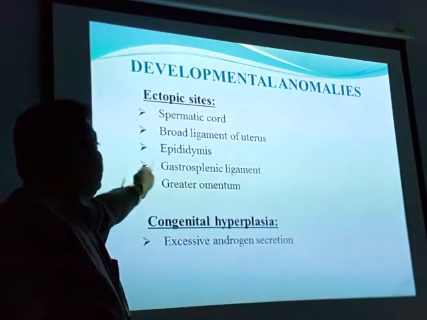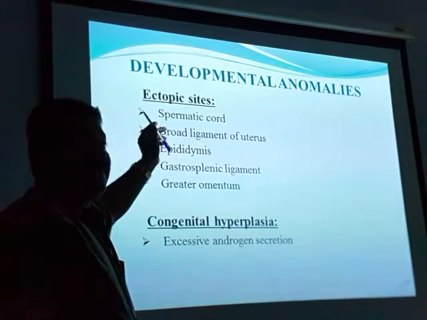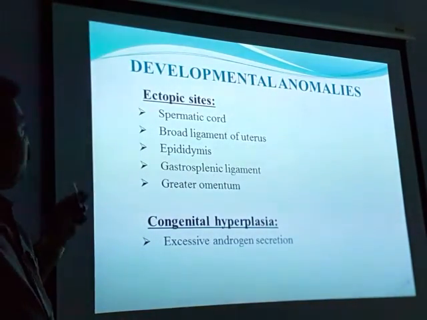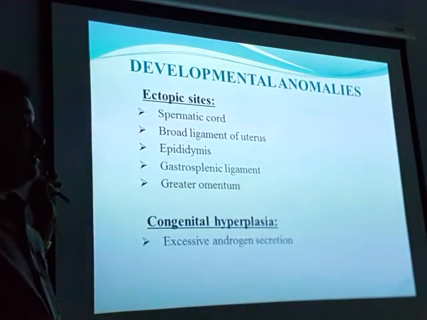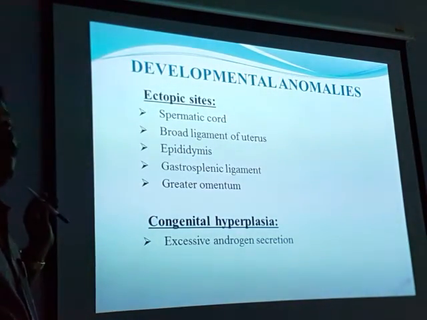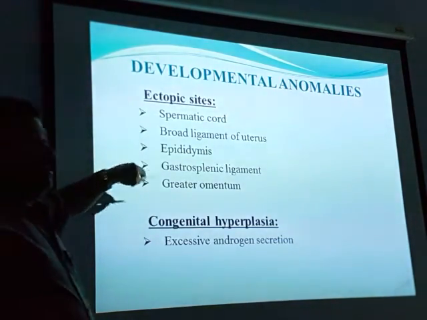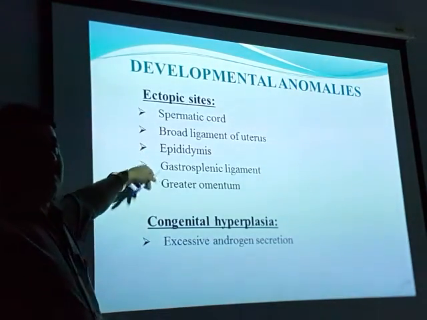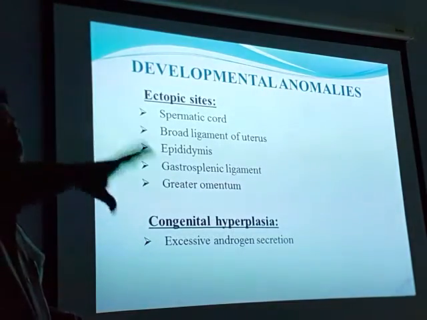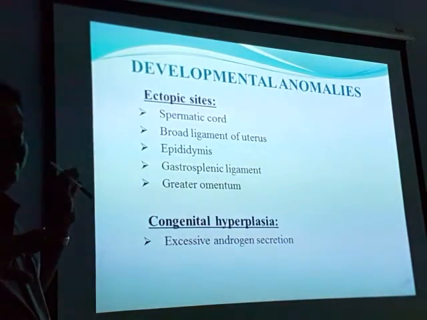That may be in the spermatic cord, in the broad ligament of the uterus, in the epididymis, in the gastrosplenic ligament, and the greater omentum. These are the ectopic sites, the most probable locations apart from the normal one.